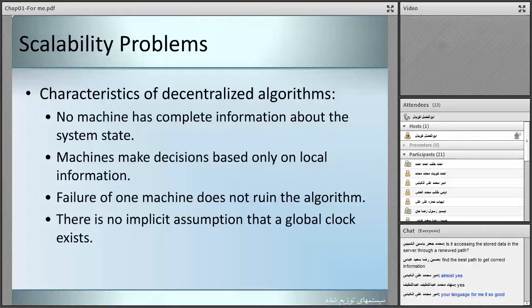So the time of machine 1 is different from the time of machine 2, for example by 1 microsecond or 2 microseconds. But it is not possible to sync the time exactly the same, because we are using a network, and in our network many different things affect transferring data between two nodes.